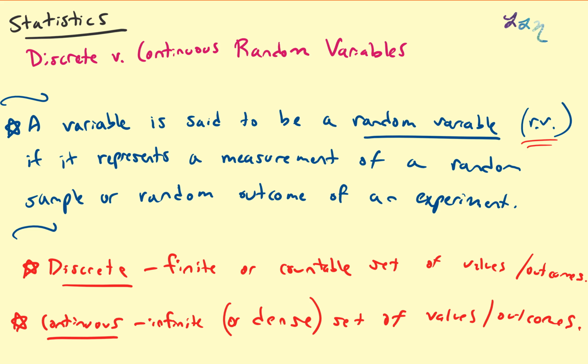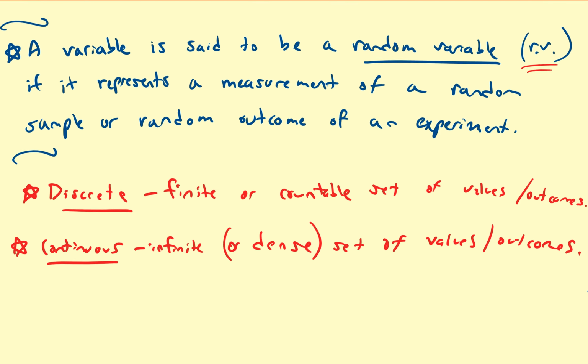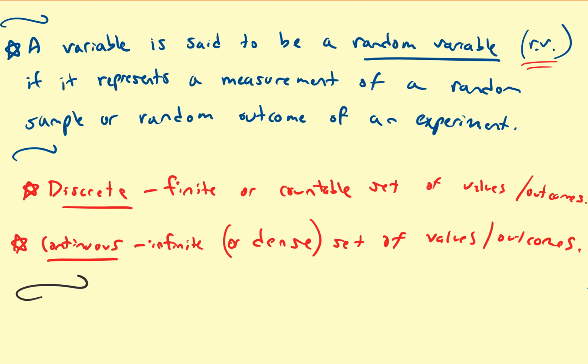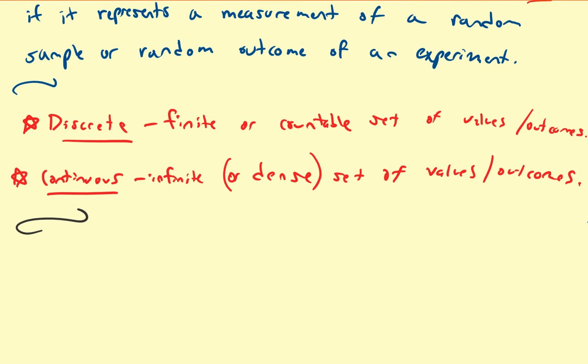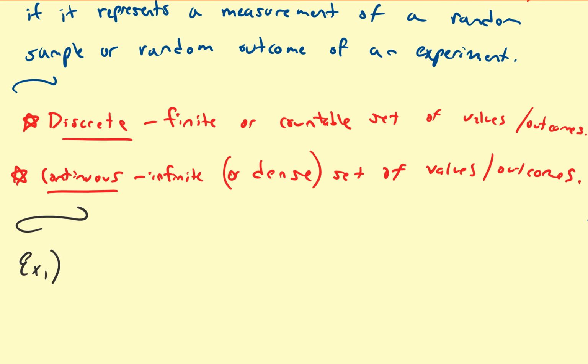And if you're not familiar with the word dense set, then that's okay, it's no big deal. Alright, so let us demonstrate with a few examples of random variables, and we will also determine whether they are discrete or continuous. So, example 1.